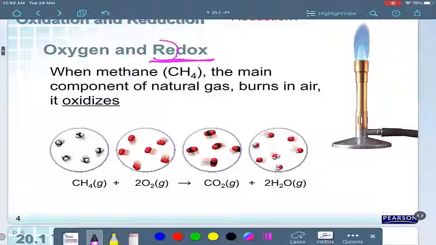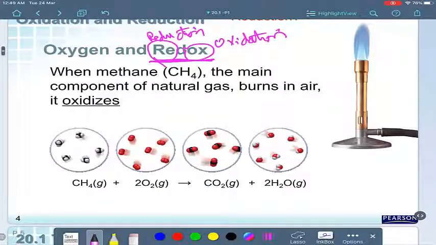Redox means reduction-oxidation process. So simply we call it a redox reaction.